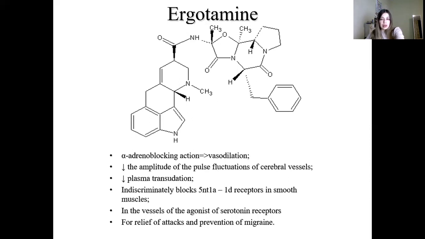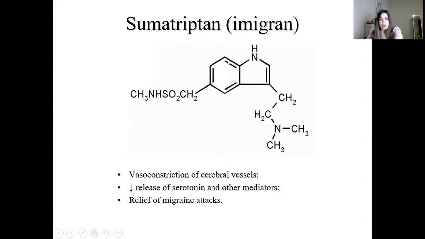Here again, ergotamine makes vasodilation, for example. It reduces the amplitude of the pulse fluctuations in cerebral vessels, reducing the plasma transudation, and also it blocks a little bit 5-HT1D receptors.